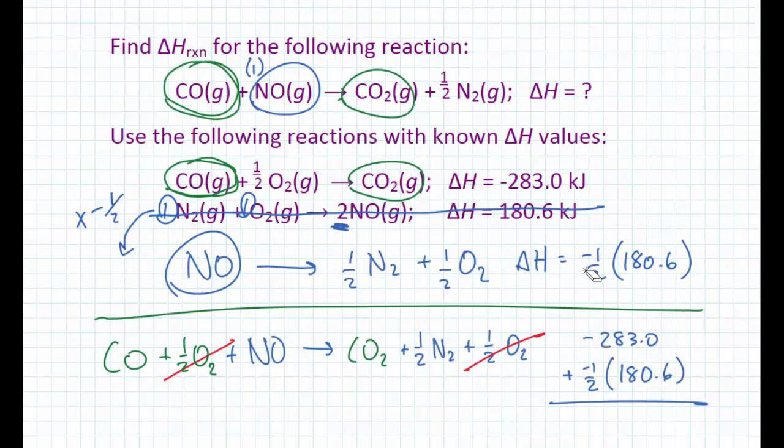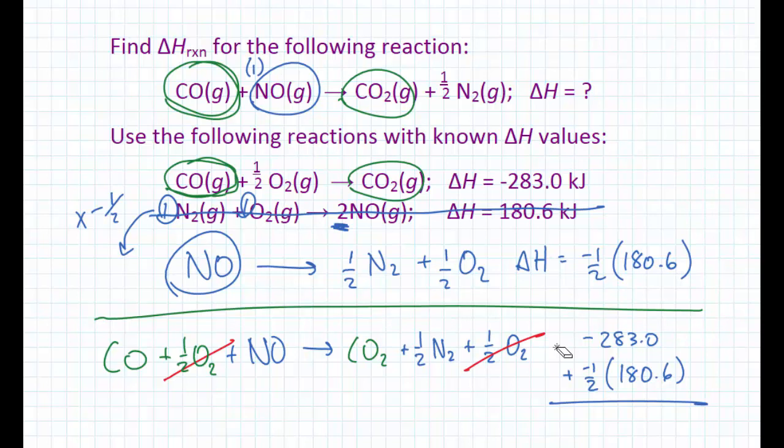If you want, you could just get a value for this one, or you could enter them all at once with parentheses and proper order of operations, like that. But our ultimate goal was taking our given equations, rearranging them so that they would be able to be combined into the unknown equation, using the delta H values like we talked about.